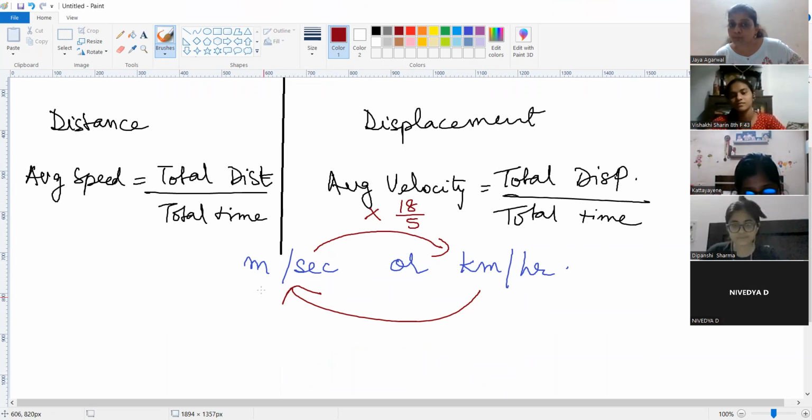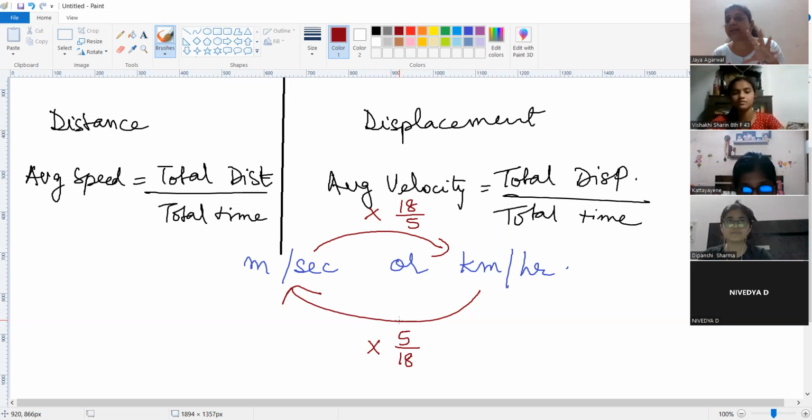Kilometer per hour to meter per second: multiply by 5 upon 18. Later, when you write these formulas again, add this part. When converting from meter per second to kilometer per hour, multiply directly by 18 upon 5. From kilometer per hour to meter per second, multiply by 5 upon 18. Am I clear?